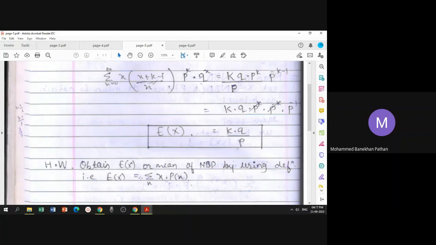So E of X equals summation X into p of X. Now you can recall what I told you about the relation between negative binomial and geometric distribution. Can anybody recall what I said at the beginning of the NBD topic?